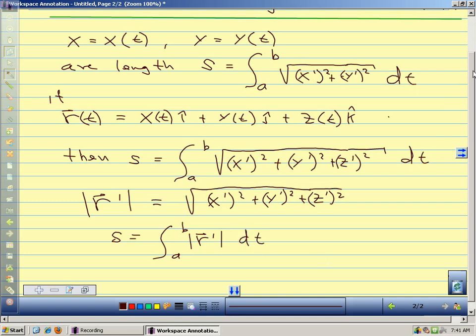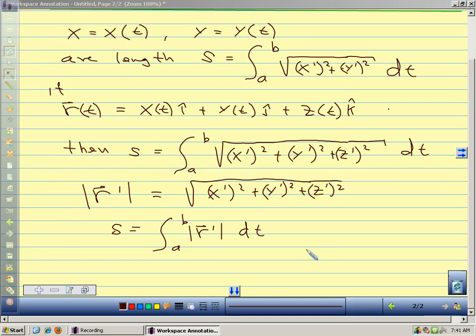And our condition is that our curve is smooth on a to b. So we don't want any sharp points or anything like that. Our curve is smooth on our interval.